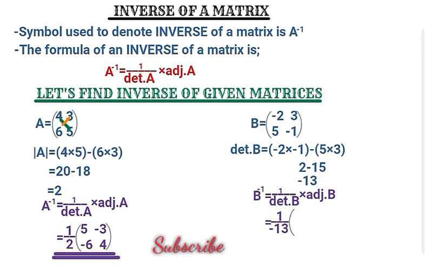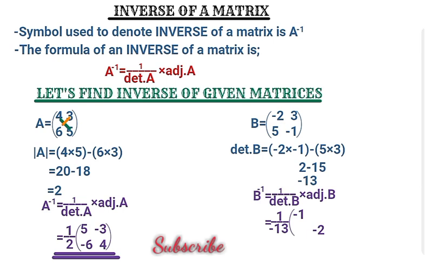Like we said earlier, when forming the adjoint of a matrix, we swap the elements in the leading diagonal. So -1 will go on top, -2 will come down. It's going to be like this: -1 has gone where -2 was, and -2 has come where -1 was.